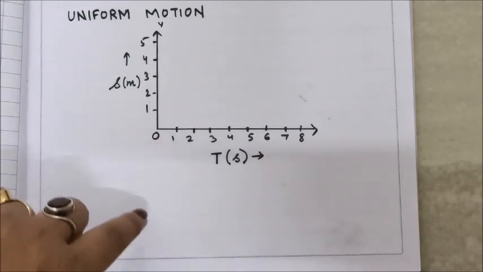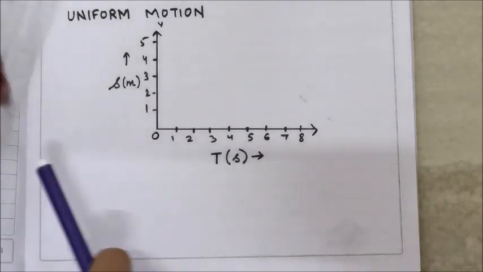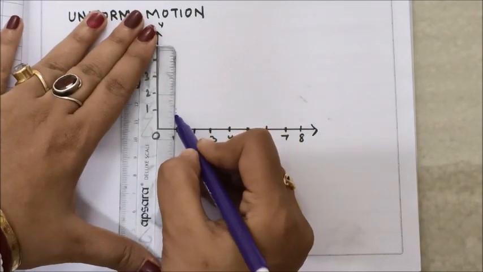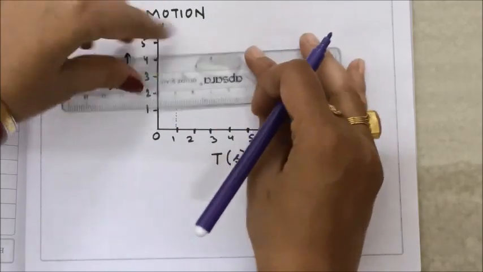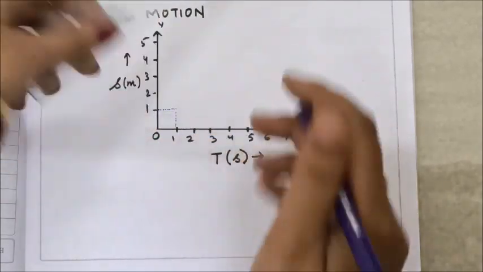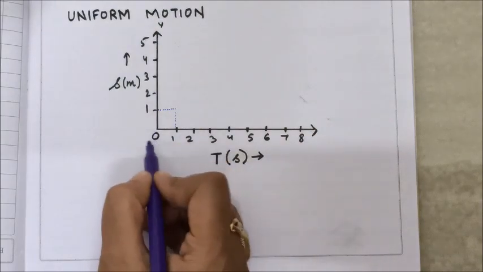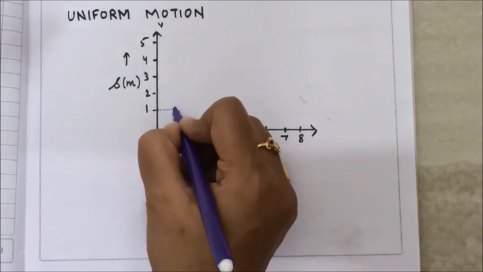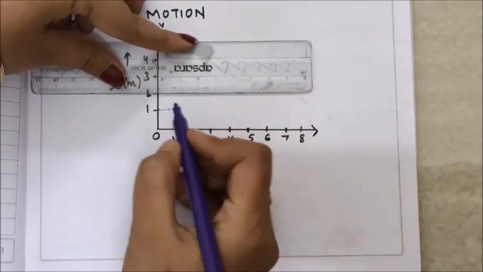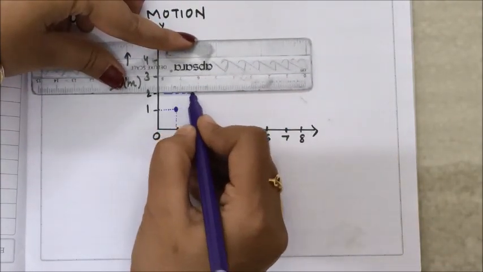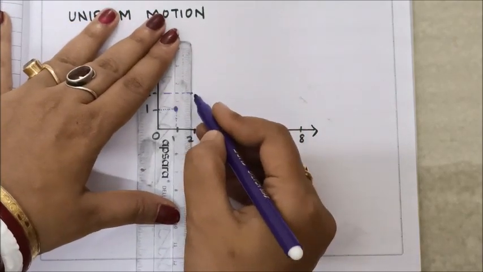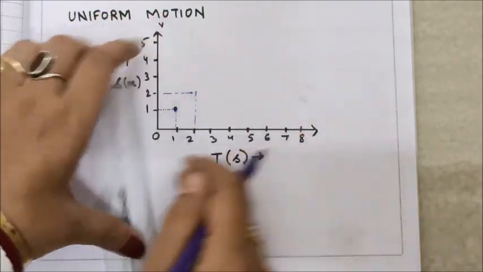So, when we plot the graph for 1 meter in 1 second, we need to mark a point on the graph which tells us that the object has covered 1 meter of distance in 1 second of time. So here is my object. Now after 2 seconds, the object has covered 2 meters given on the y-axis and 2 seconds given on the x-axis.